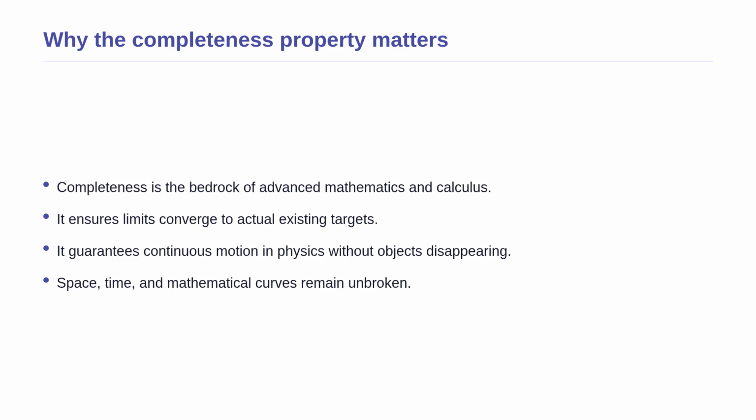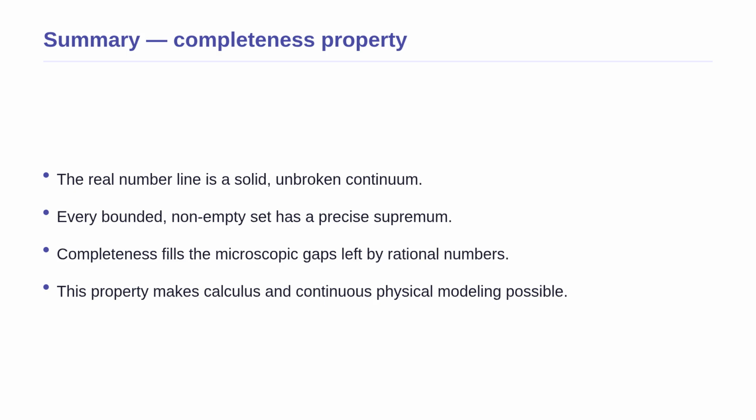In physics and engineering, when we model continuous motion, like a car driving down a highway or a planet orbiting a star, we rely on the real number line having no gaps. If the number line had holes, an object moving from point A to point B would mysteriously disappear at the gaps.